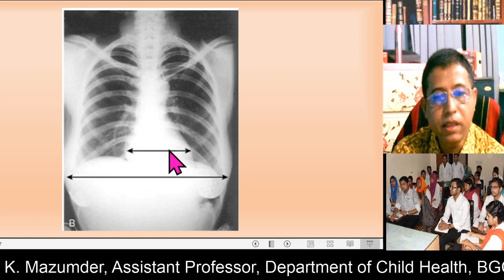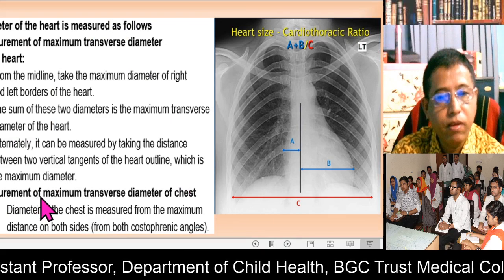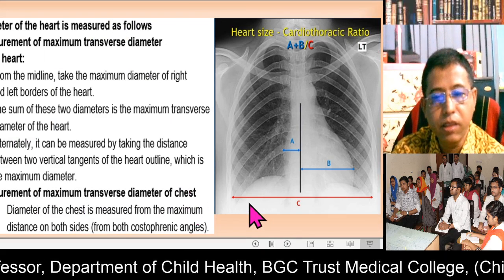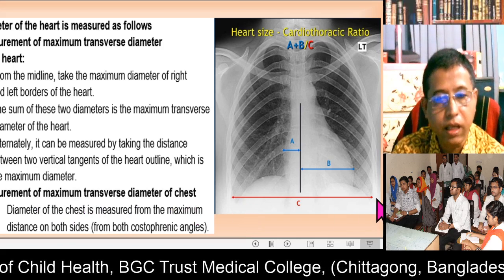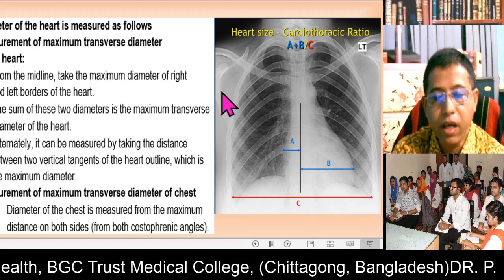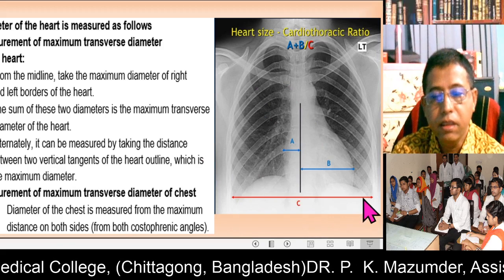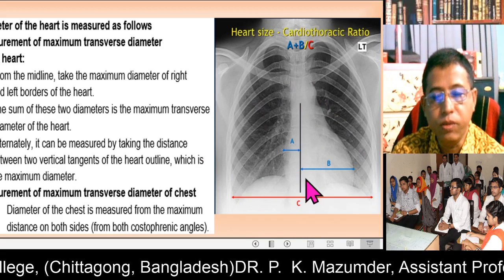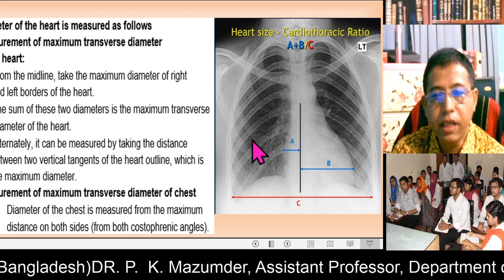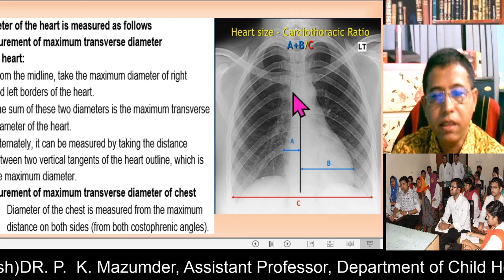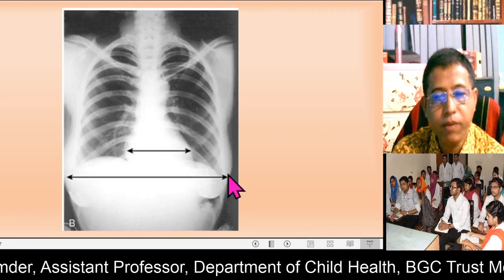And the maximum transverse diameter of the chest you can measure from the costophrenic angle to the costophrenic angle. After calculating the maximum diameter of the heart and of the chest, you should find the ratio. If the ratio is more than 0.6 in children, it indicates there is cardiomegaly. This is the maximum diameter of the chest.